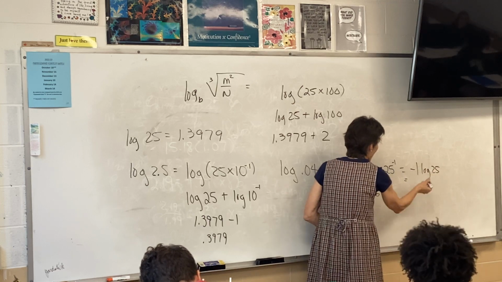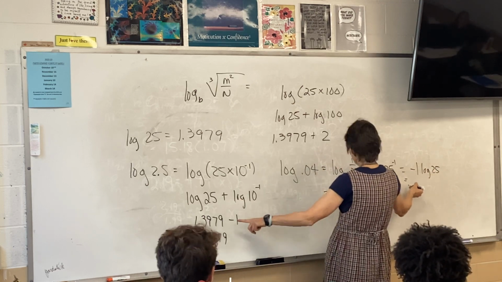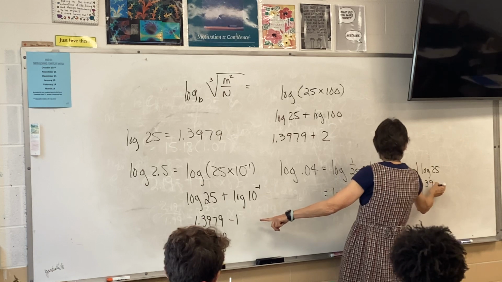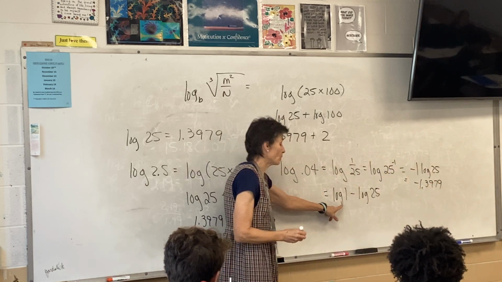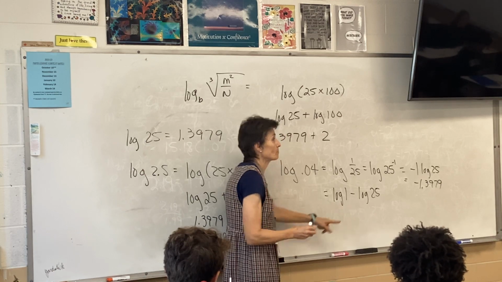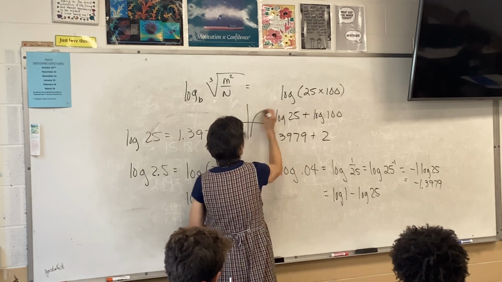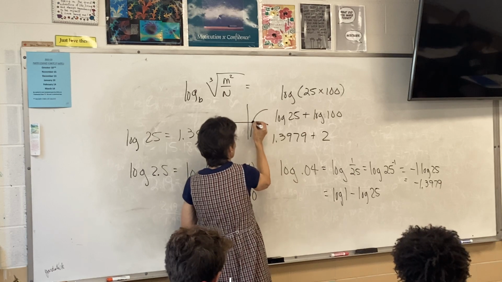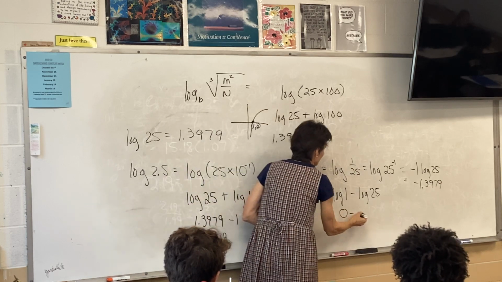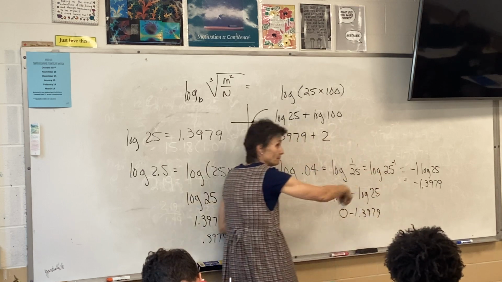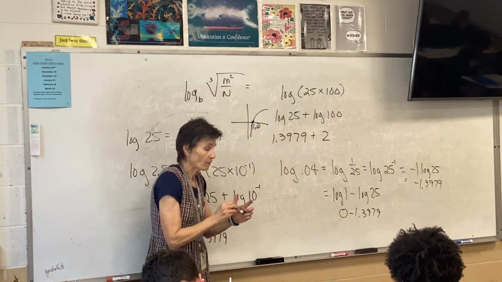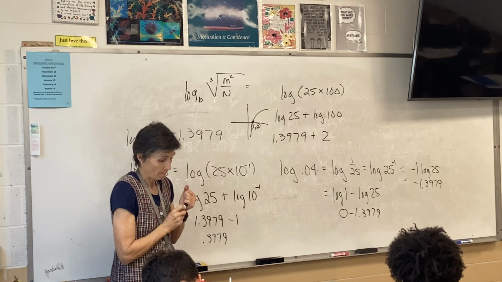So if I do that, it's just going to be negative 1.3979. What's it going to be if I do it this way? What's the log of 1? 0 minus 1.3979. Do I get the same answer? It's just however you want to think about it.